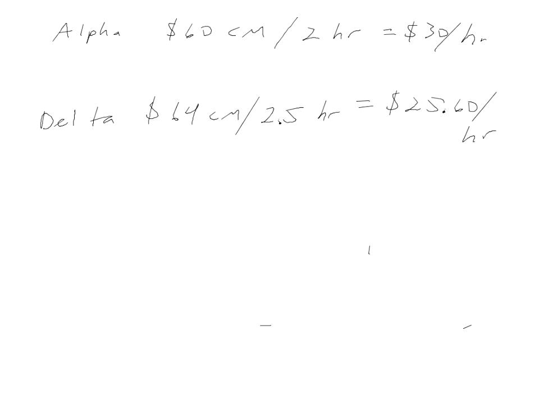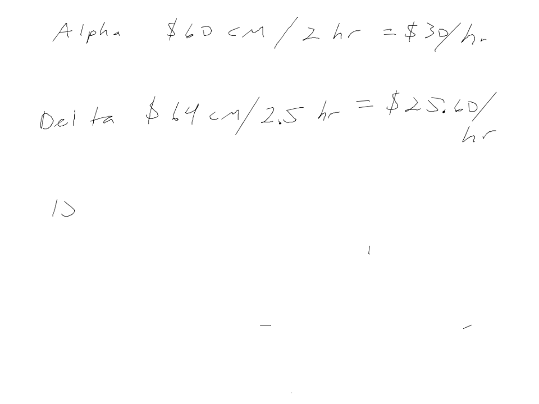So the question tells us that the market is only really going to need 150 of either item, so 150 alphas and 150 deltas. So let's go ahead and max out our alphas.